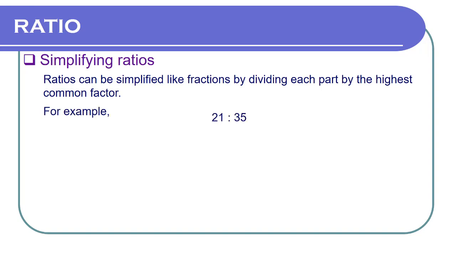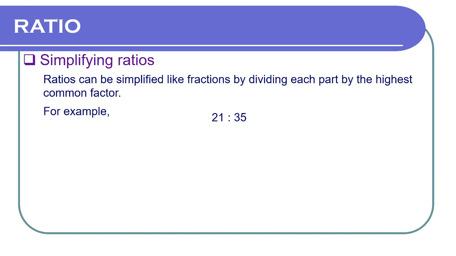For example, here there is a ratio 21 to 35. How to simplify this ratio? The way is the same as simplifying a fraction, or finding an equivalent fraction.